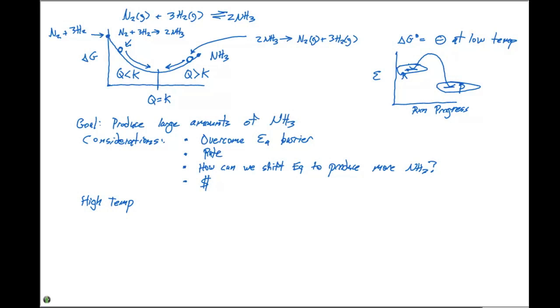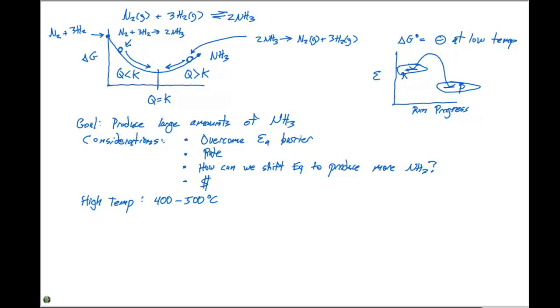Based upon what we talked about here, this kind of goes against what the thermodynamics would say. Typically this reaction is performed at about 400 to 500 degrees Celsius, and under these conditions, we would think that the standard delta G should be positive.